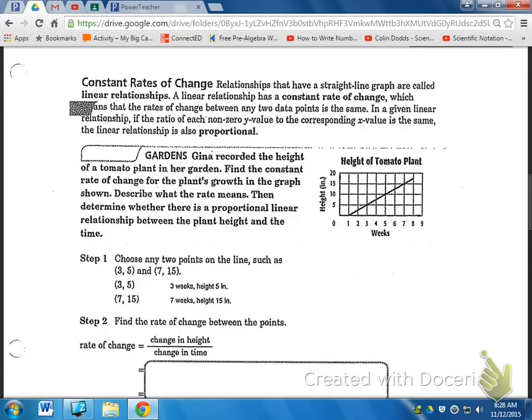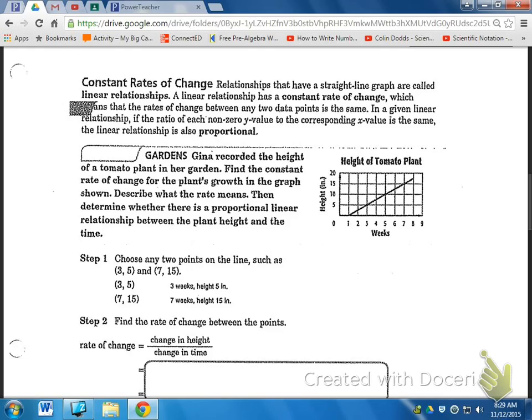Constant rates of change. Okay, constant rates of change is what we really study, where the relationships of the two different things, just like the temperature and the time and the reading pages and time, they have a straight line graph. They make linear relationships, okay? That's why we study them, and that's why they're in this chapter.